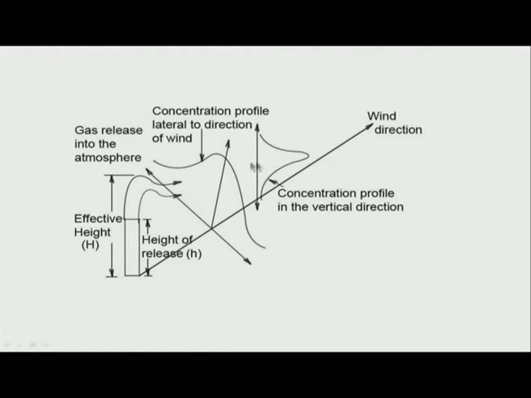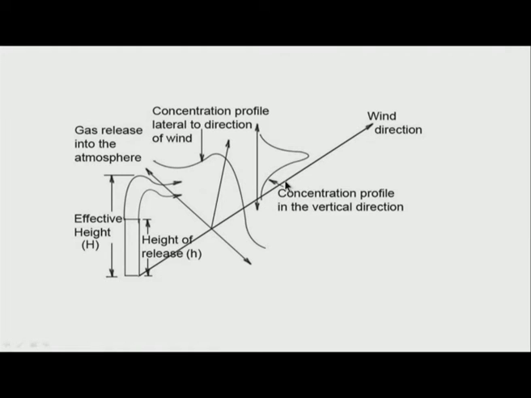At the center line the concentration is maximum, and above it the concentration decreases, so you have something like a Gaussian distribution here. As the steady release progresses forward, the concentration becomes even shallower like this, that means the standard deviation keeps increasing, and this is how a steady release changes its distribution in the lateral direction and in the vertical direction.